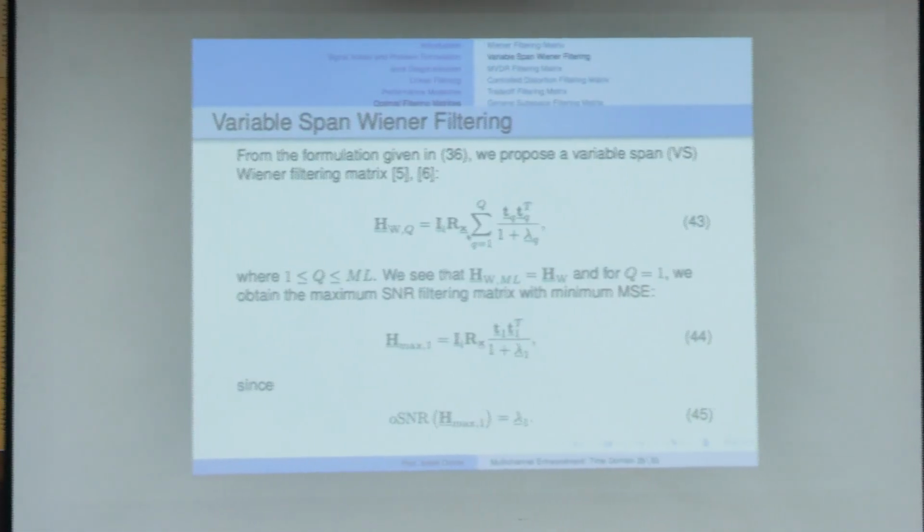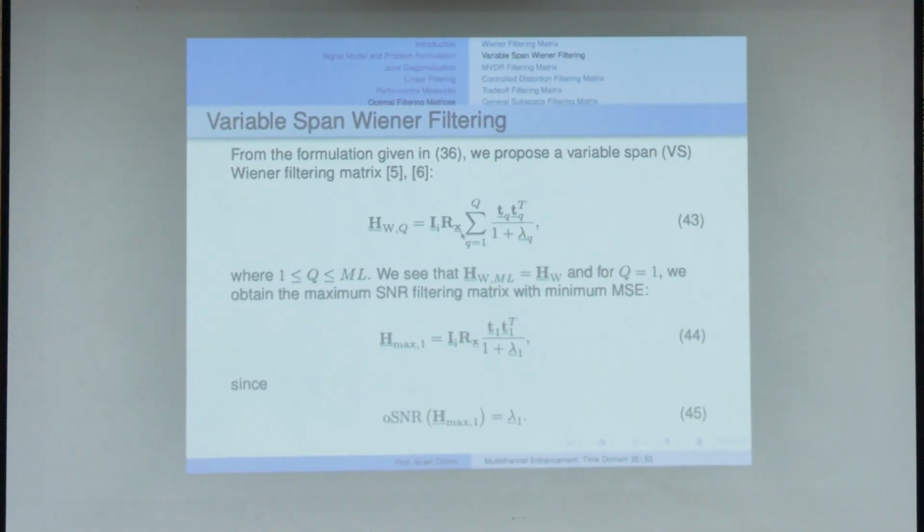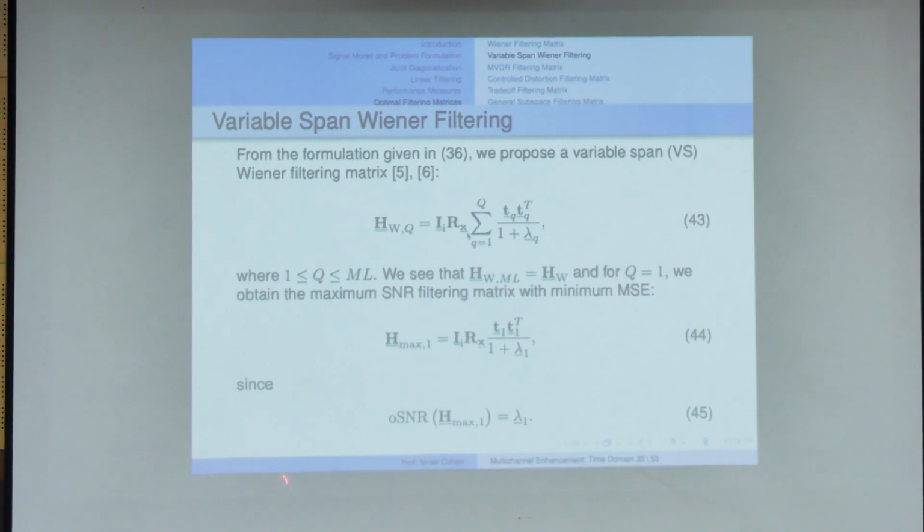Okay, so it's a nice way. So if we take only one component, the first component, Q equals 1, actually we keep only the one with the highest signal-to-noise ratio. So this filtering matrix will maximize the output signal-to-noise ratio.